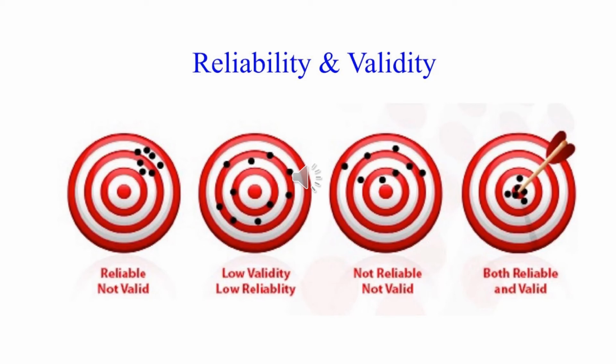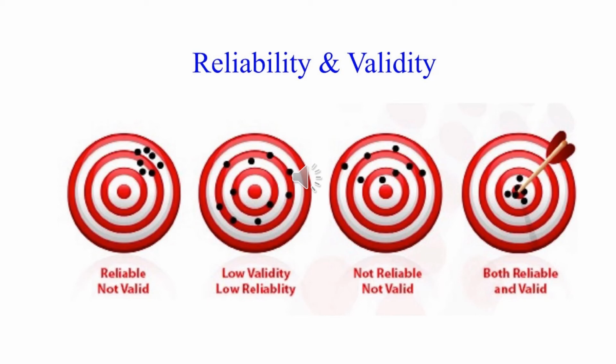Next, not reliable and not valid. Not valid, napakalayo sa gitna. Hindi niya na-hit yung target niya. Not reliable kasi magkakalayo sila. Very scattered sila sa isa't isa. Okay. So, as you could see, yung lines, di ba? May nasa first line, second line, third line, fourth line, fifth line.